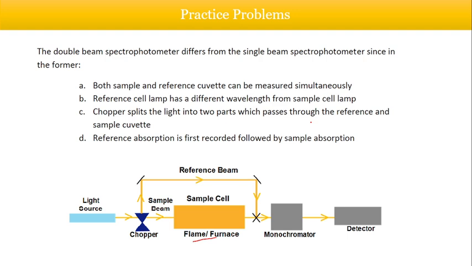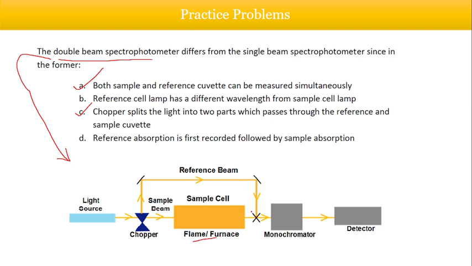So the first statement, that the chopper splits it, is correct, and that both samples can be measured simultaneously is also correct. So A and C both are correct, and this is the diagram of your double beam spectrophotometer. Once again: first, there is a light source, and it moves to the chopper where it splits the light into two parts, which pass to the reference and the sample cuvettes.